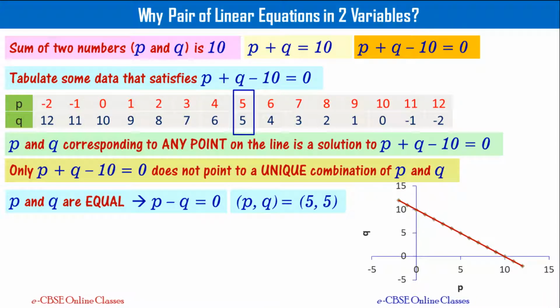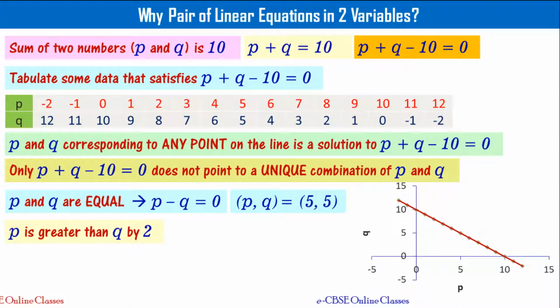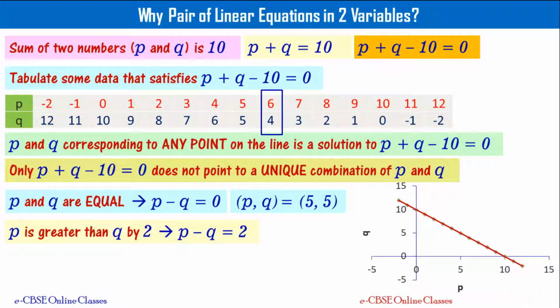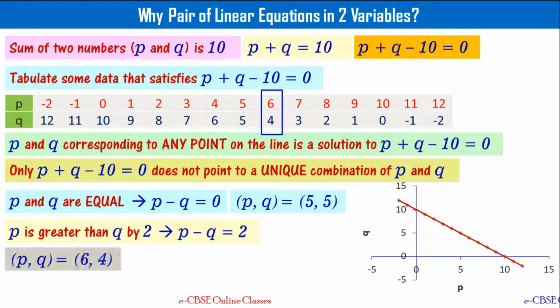In a similar manner, if I say that p is greater than q by 2, it can be written as an equation like p minus q equal to 2. Then we are talking about another combination, that is 6 and 4. P is 6 and q equal to 4, right? So we are talking about a unique combination, that is 6 and 4 for p and q.